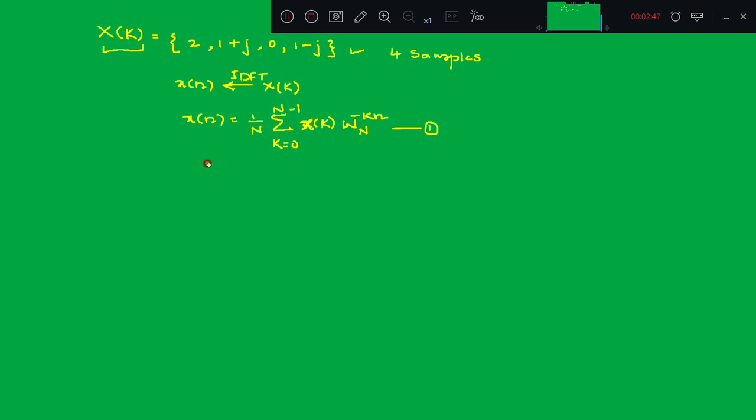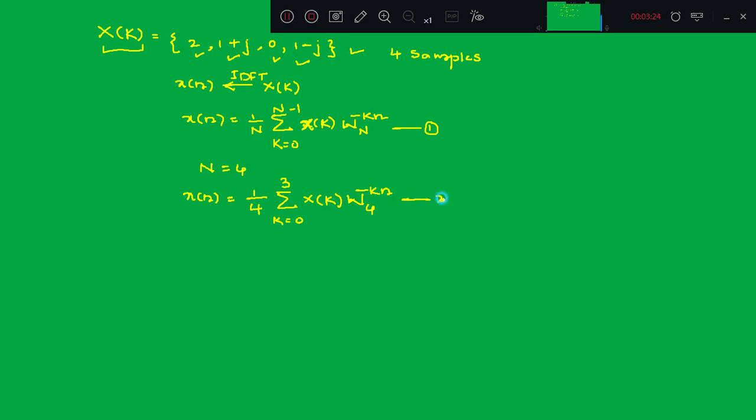Since the number of samples in X of k is N equal to 4, as you can see here, 1, 2, 3, 4, there are 4 samples, so N is equal to 4. Therefore the expression x of n can be written as 1 divided by 4 summation k varies from 0 to 3 X of k into W4 raised to minus kn.